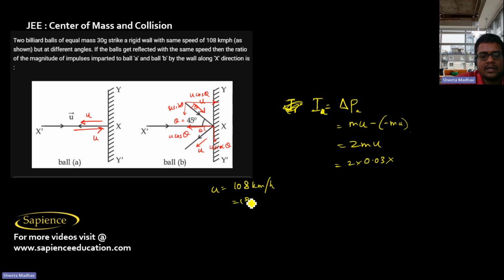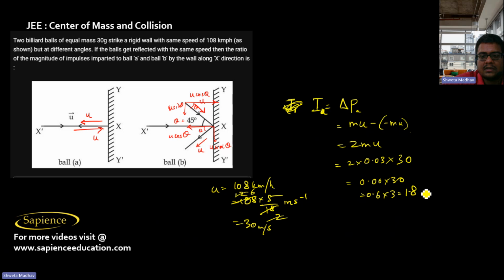So I can say it will be 108 into 5 by 18 meter per second, which is 30 meter per second. So 0.06 into 30, that is 0.6 into 3, that is 1.8 kg meter per second, or I can say 1.8 Newton second. So it is the impulse in part A.